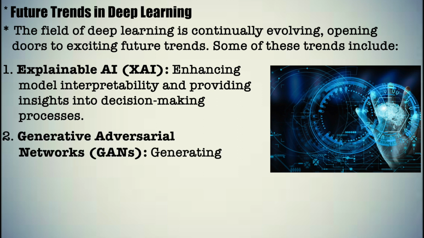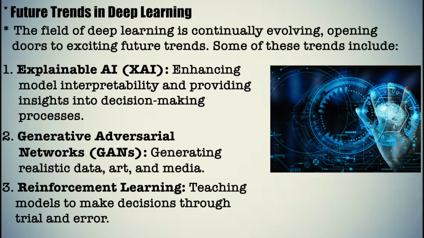Second one is generative adversarial networks, generating realistic data, art and media. Third is reinforcement learning, which is very useful nowadays. It is highly used by researchers, teaching models to make decisions through trial and error.